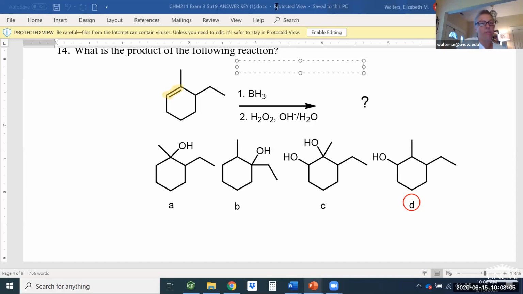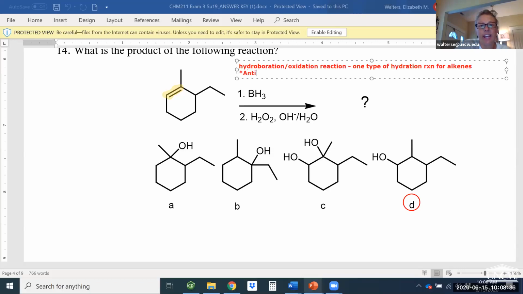So the BH3, that is a hydroboration oxidation reaction, and that is a type of hydration reaction for alkenes.